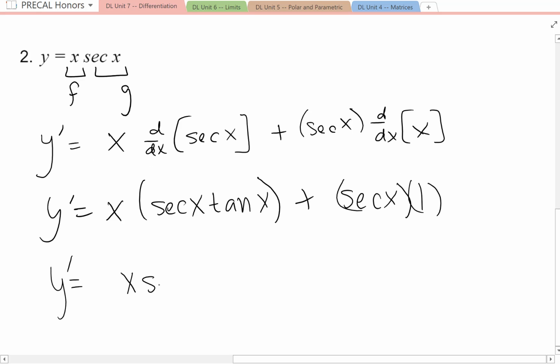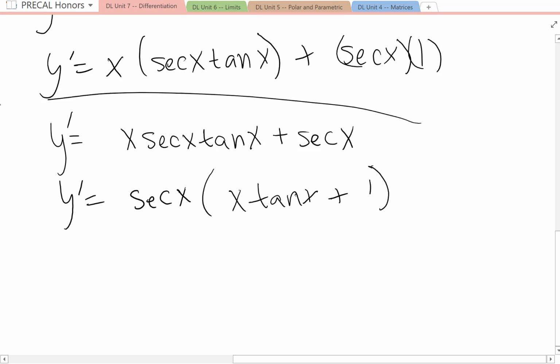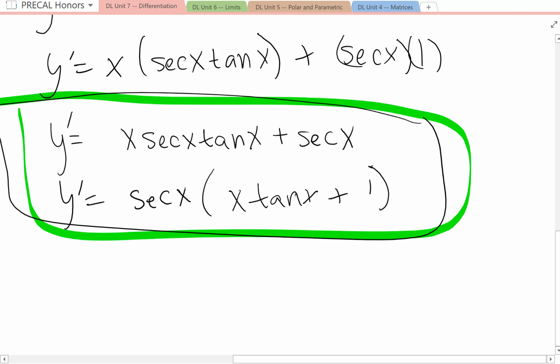We'll go ahead and clean it up: x secant x tan x plus secant x. Some answers leave the secant x factored, but either way is acceptable for me. So either of these are acceptable answers.